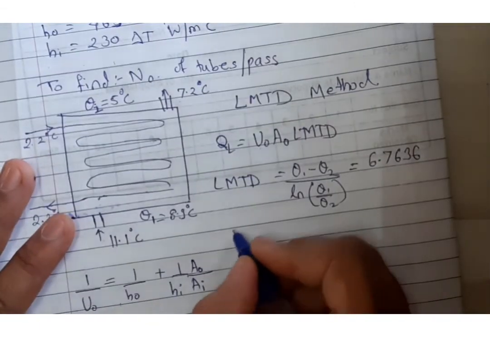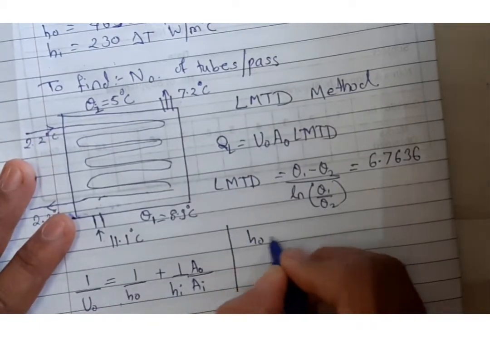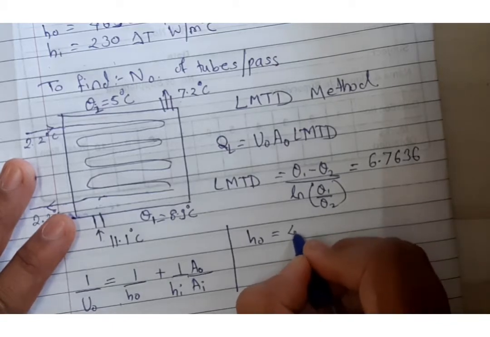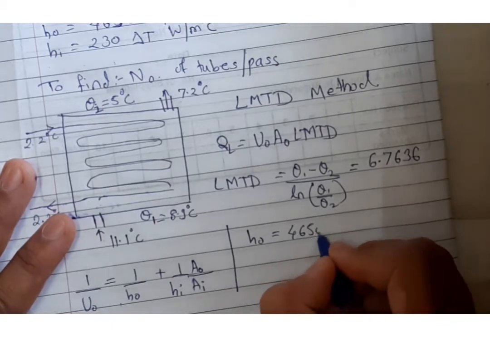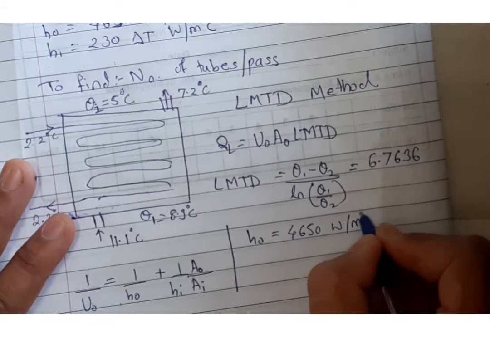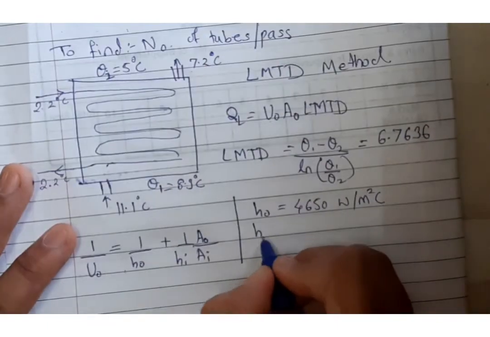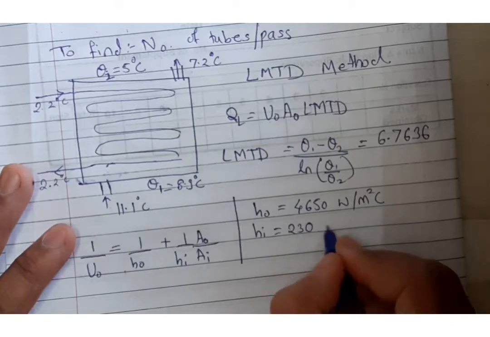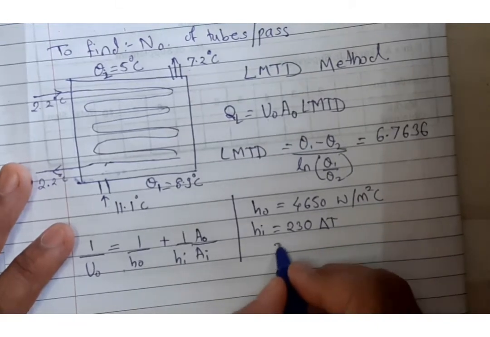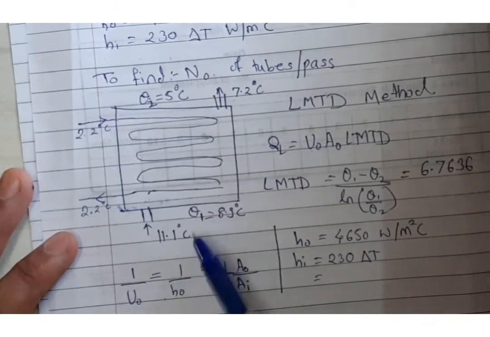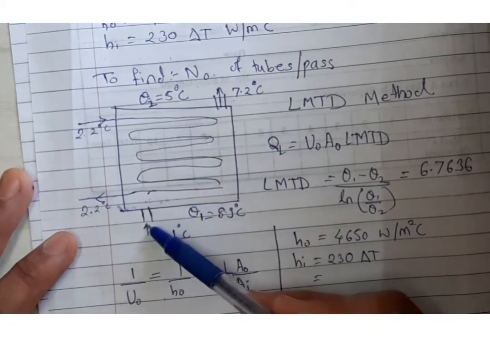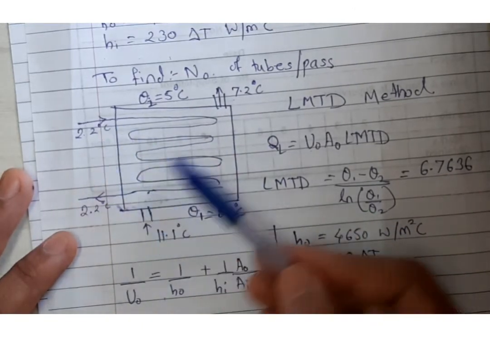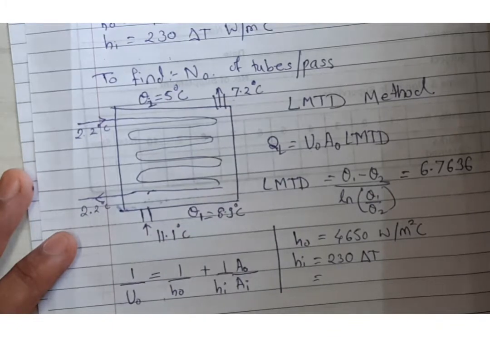So HO is given as 4650 watt per meter square degree Celsius, and for HI it is 230 into delta T. Now for delta T, we are supposed to take the average temperature of both the fluids and take the difference of that.